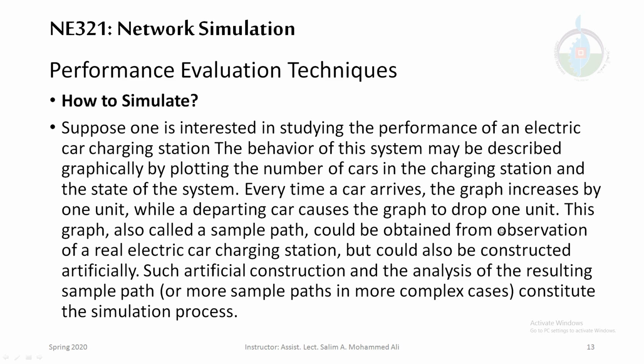This graph, also called a sample path, could be obtained from observing a real car charging station, but could also be constructed artificially. Such artificial construction and analysis of the resulting sample path, or more sample paths in more complex cases, constitutes a simulation process.